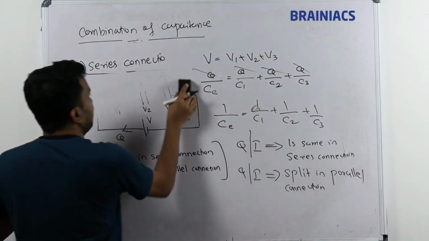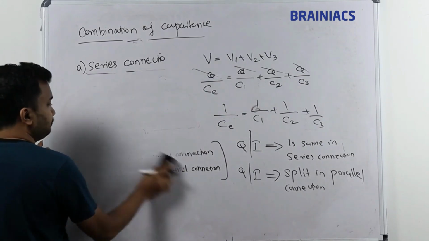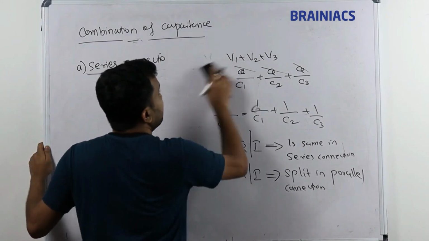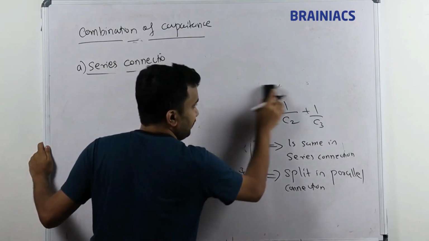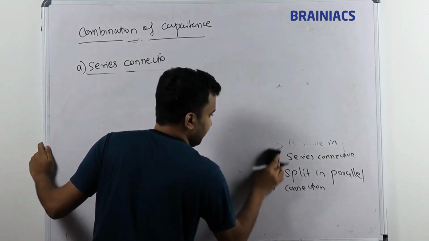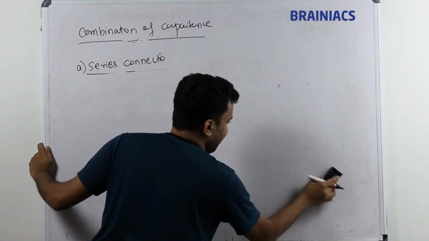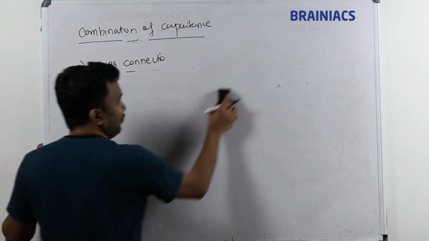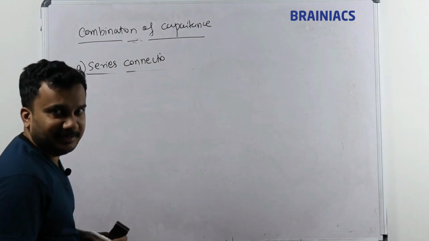We'll move to the next subsection. What is the next one? Parallel combination, but the concept will be the same. In series connection voltage will be split, but in parallel connection voltage will be the same.